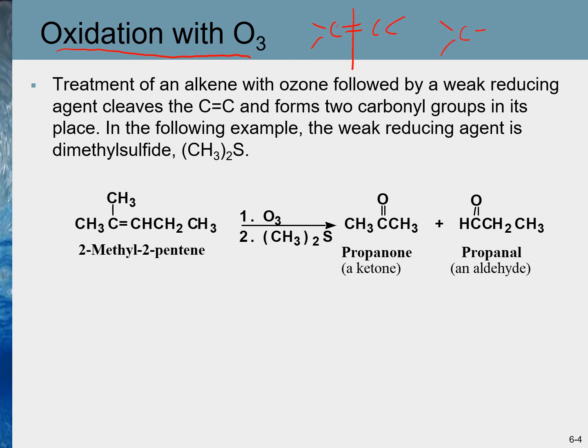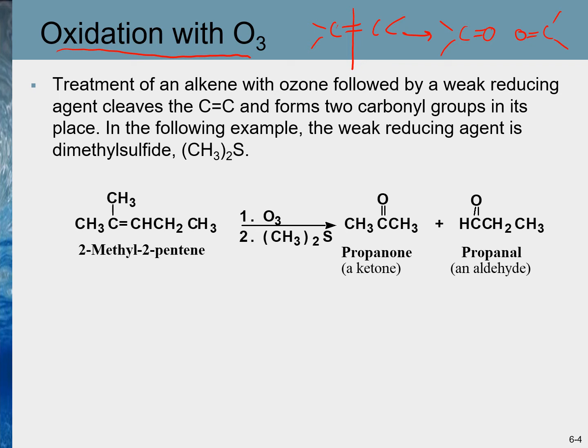So therefore, this is also known as oxidative cleavage of alkenes. The carbon-carbon double bond is completely broken down, and oxygen is added on both sides of the carbon-carbon double bond. So this kind of reaction is known as oxidative cleavage of alkenes.